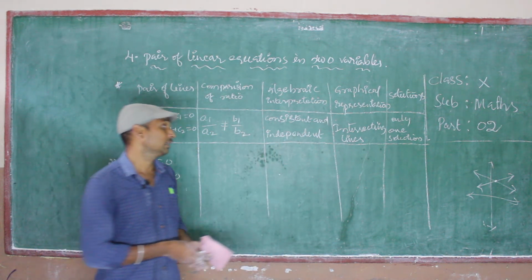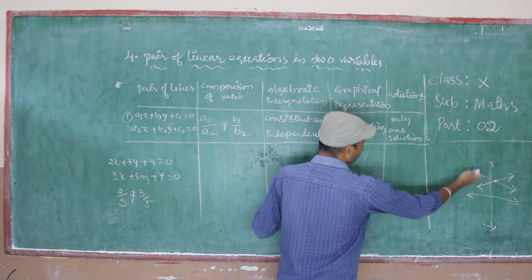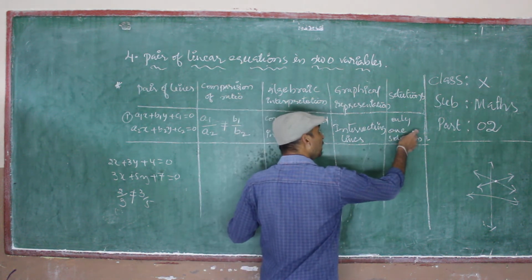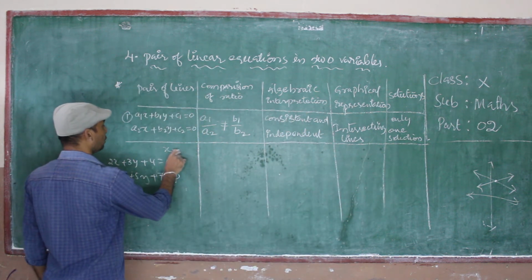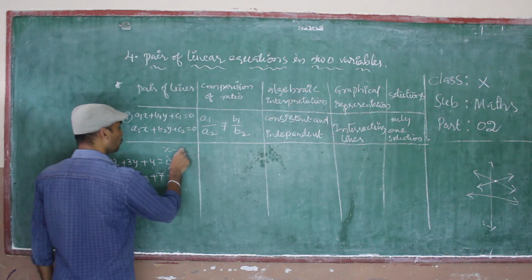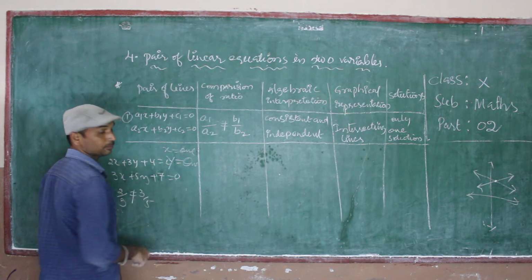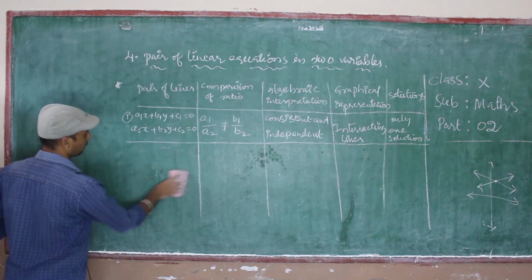Okay, children? Then when we are getting intersecting lines, how many solutions do the given lines have? Only one solution. Means you will get one x value and one y value, any one value. So this is the first condition.